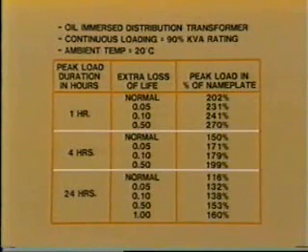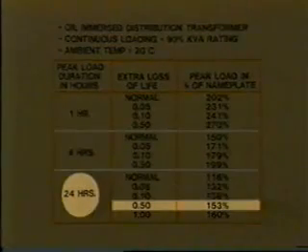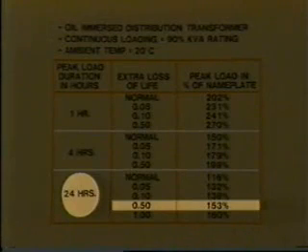Obviously, if we overload the transformer for a longer period of time, we must decrease the magnitude of overload to keep within the limit of 0.5% additional loss of life. For a 24-hour period, only a 53% overload would be tolerated. Okay, so much for overloading during normal system operation.